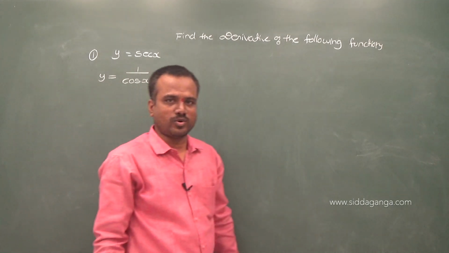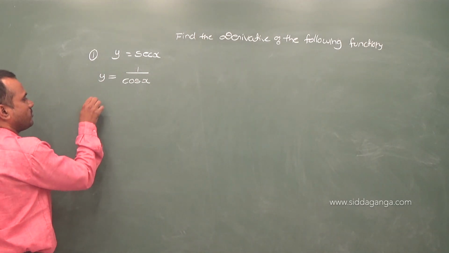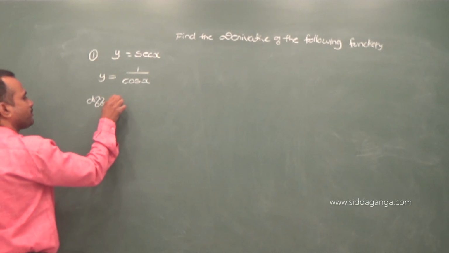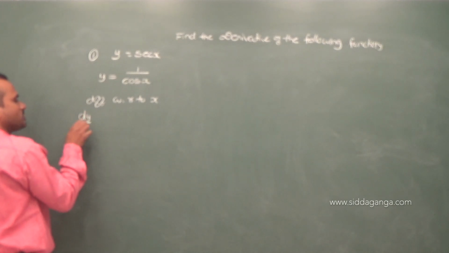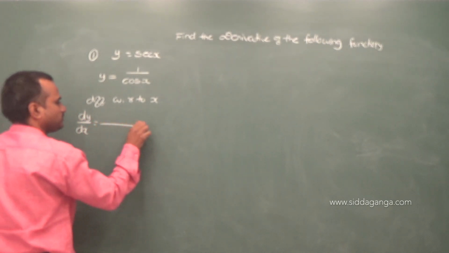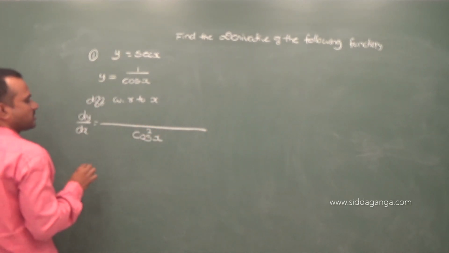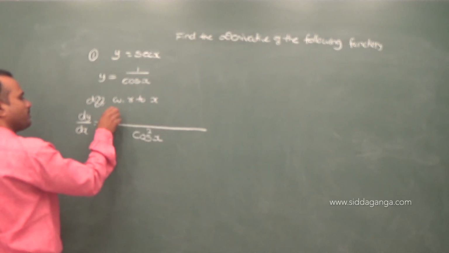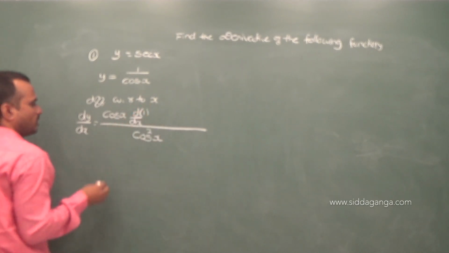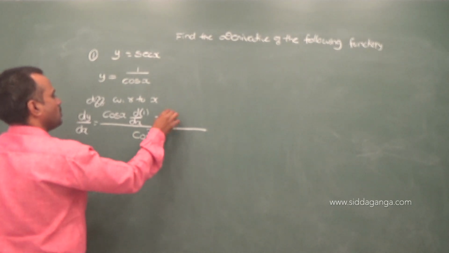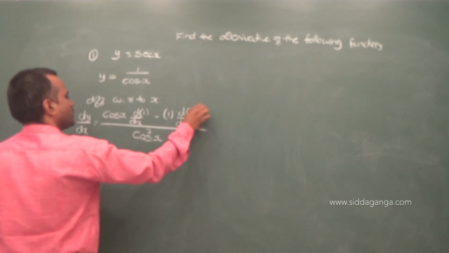So using the quotient rule, we have to differentiate with respect to x. dy by dx is, denominator square, cos square x, then cos x into d by dx of 1, minus 1 into d by dx of cos x.